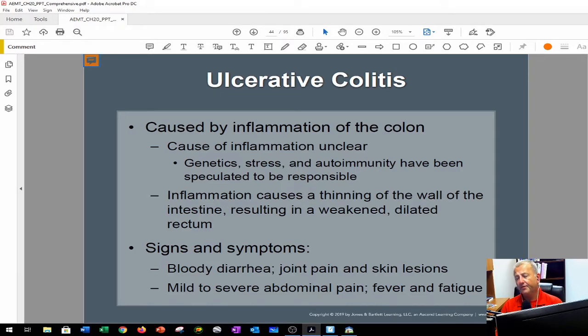And then we have ulcerative colitis. All right, and so this is going to be associated with the colon. They compare it to Crohn's disease, but it's not the same, because Crohn's disease is kind of patchy.